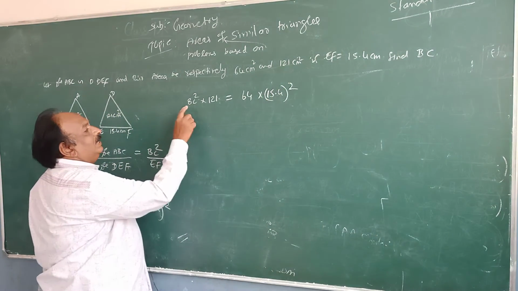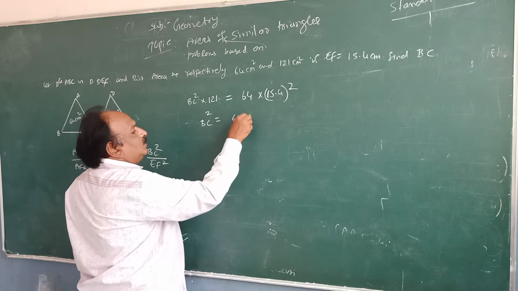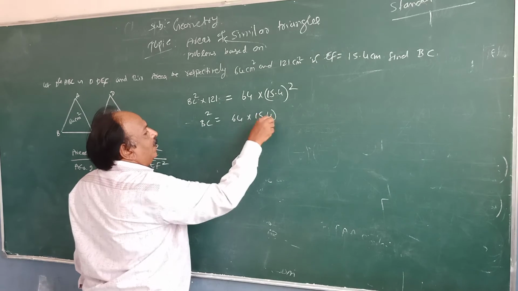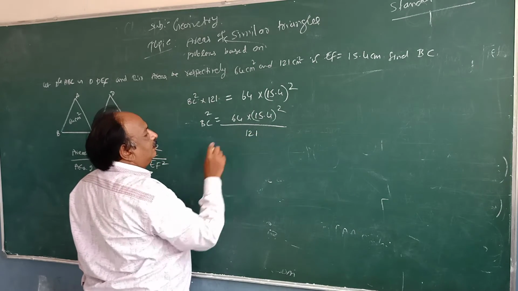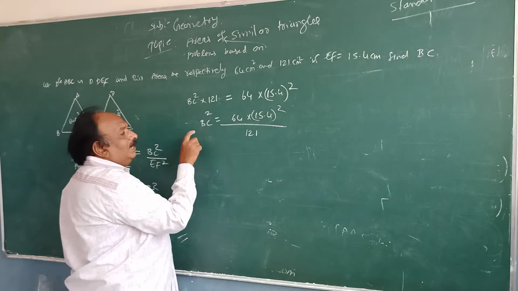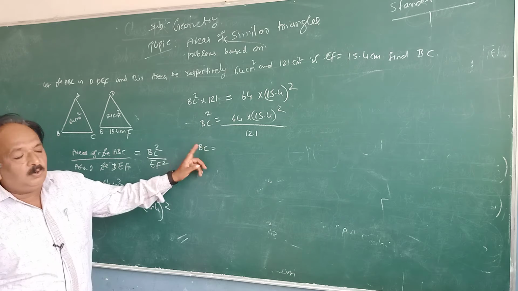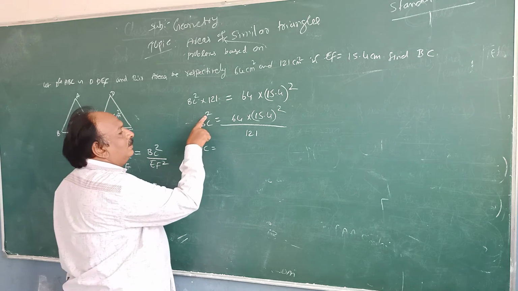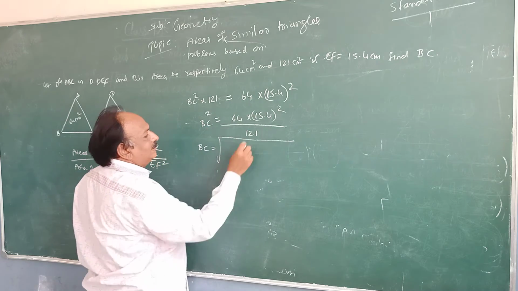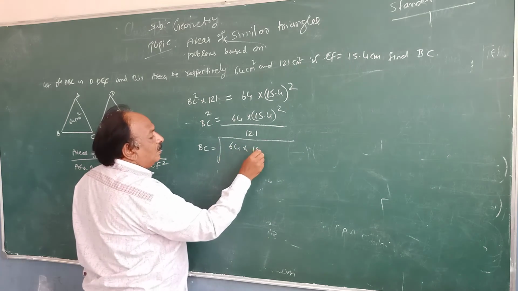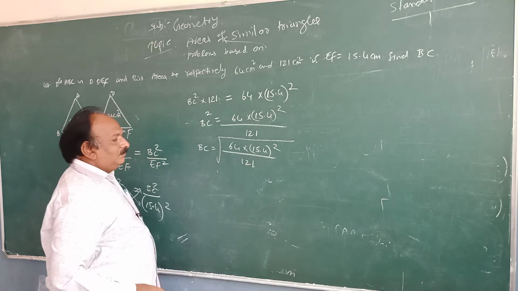We are going to calculate BC squared is equal to 64 into 15.4 whole square divided by 121. This is a square. While we calculate the length of BC, this is a very important step you are going to note down. When you remove the square, put the square root for all these: 64 into 15.4 whole square by 121.